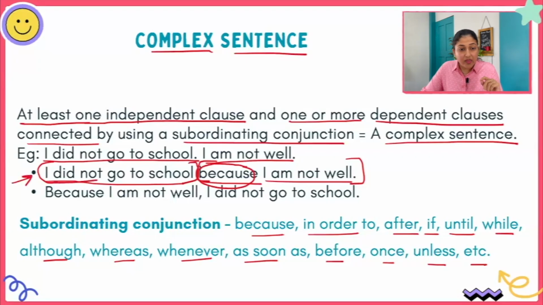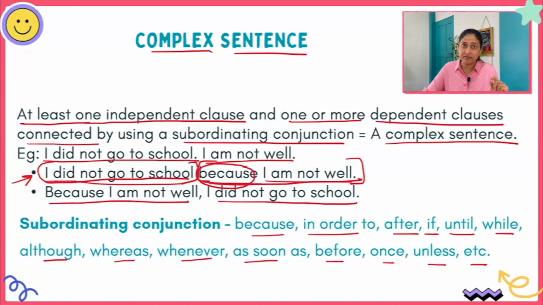The first one is, I did not go to school. The second clause is, because I am not well. Whenever it is a complex sentence, we can reverse the order of the clauses. We can say, because I am not well, I did not go to school.